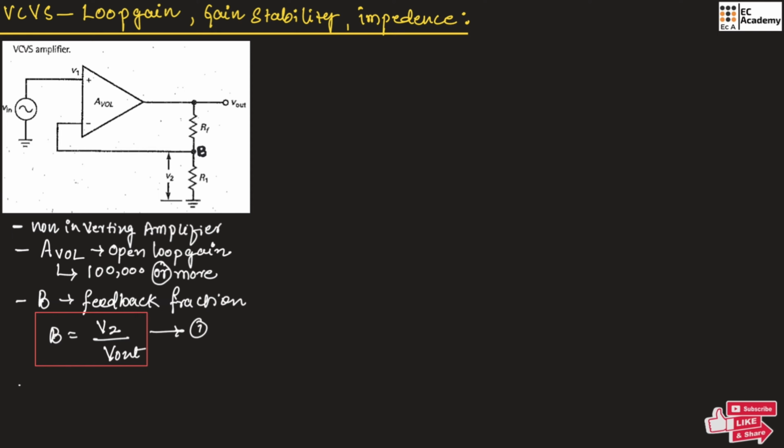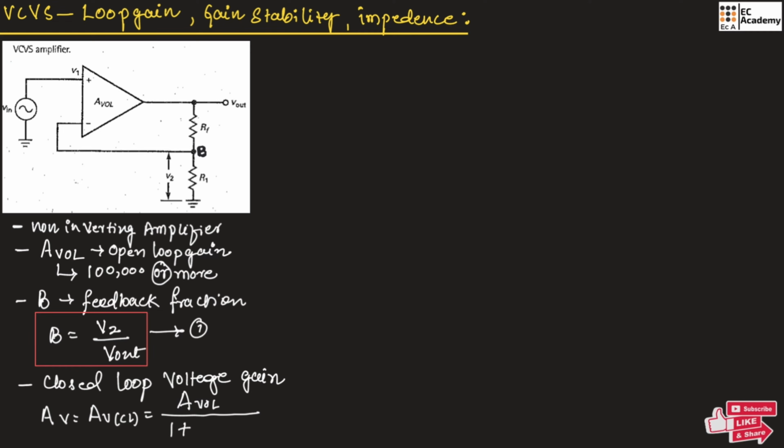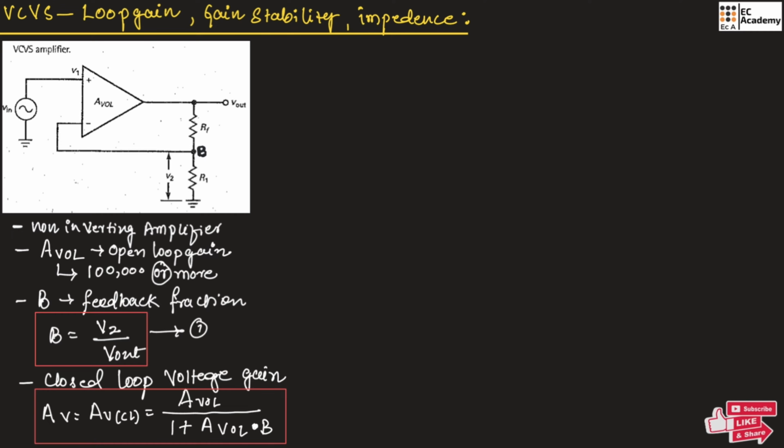For a VCVS amplifier, the closed loop voltage gain can be given as AV closed loop, which will be equal to AV open loop divided by 1 plus AV open loop into B. You need to remember this formula.